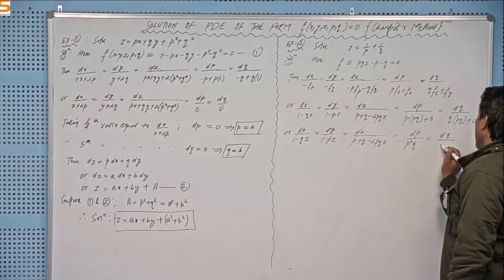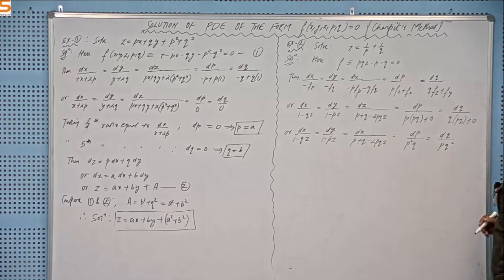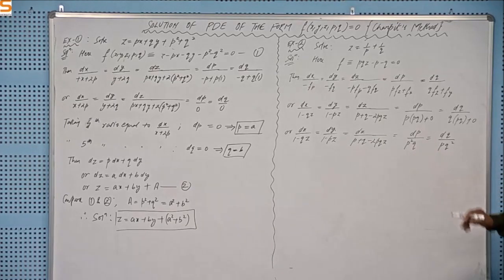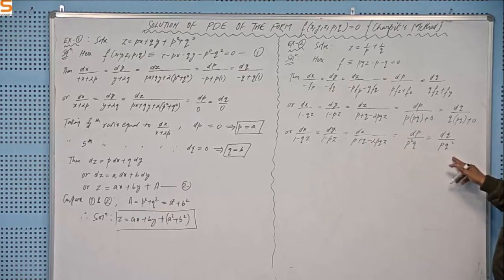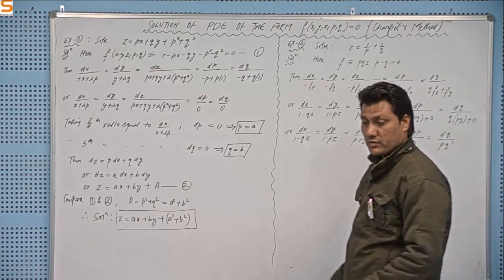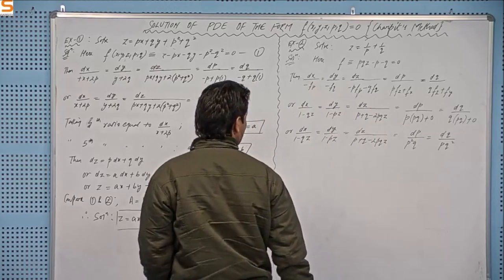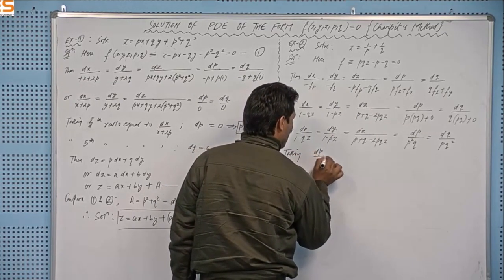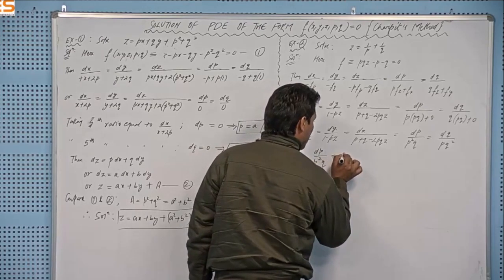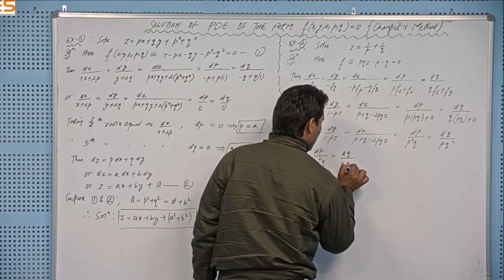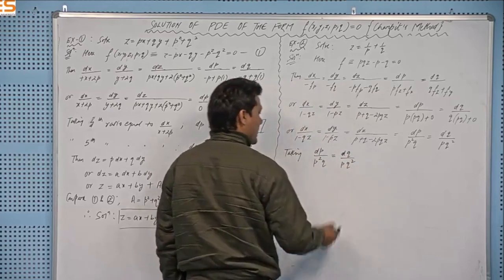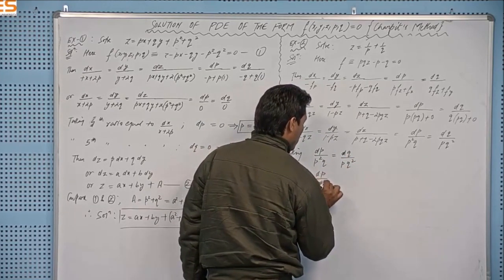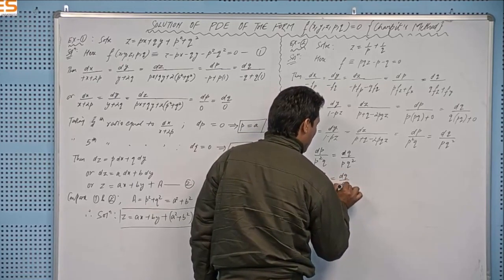over pq square, right? Okay, so I am interested in finding small p and small q, so I should take these 2 ratios, and then I will get a relation between p and q. So taking the last 2 ratios, dp over p square q and dq over pq square, and then cancelling pq from both sides, I will be getting dp over p is equal to dq over q.